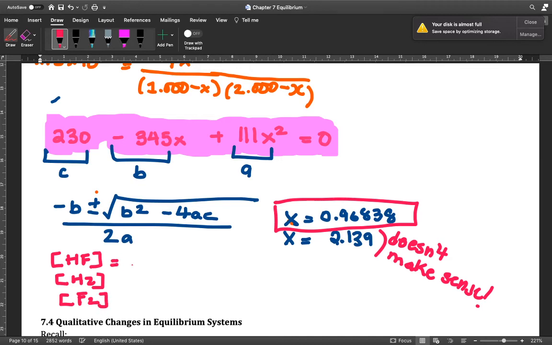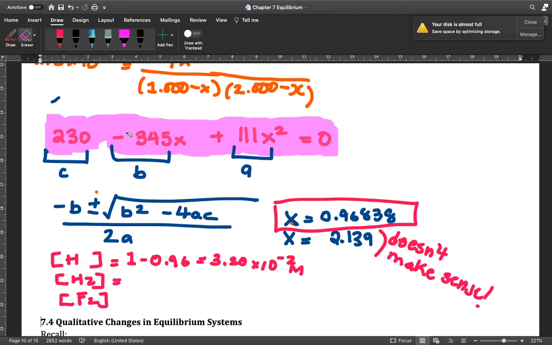So the concentration of H2 is 1 minus 0.96. I'm going to use the full number, and that's going to give me 3.20 times 10 to the power of negative 2 moles per liter.